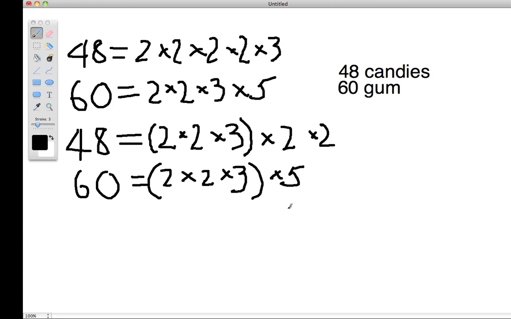Okay, now let's think about this a minute. We're putting pieces of candy in the bags, and if we put 2 times 2, so 4 pieces of candy, and 5 pieces of gum in each bag, then we will be able to produce this many bags.